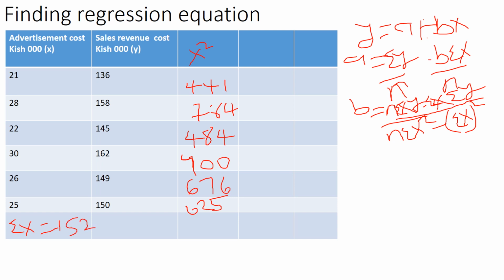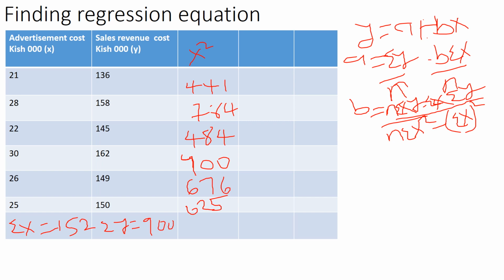Then I also need to add the values of y: 136 plus 158 plus 145 plus 162 plus 149 plus 150 plus 150, and this gives me 900.